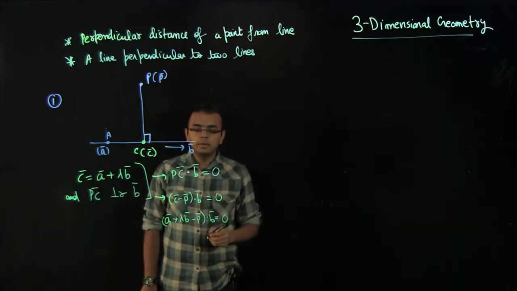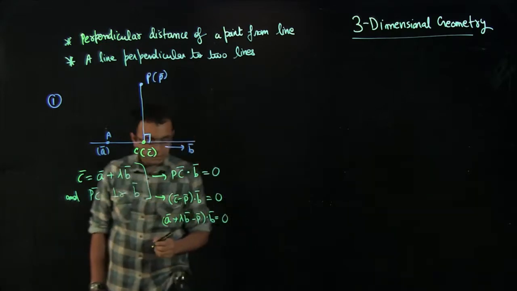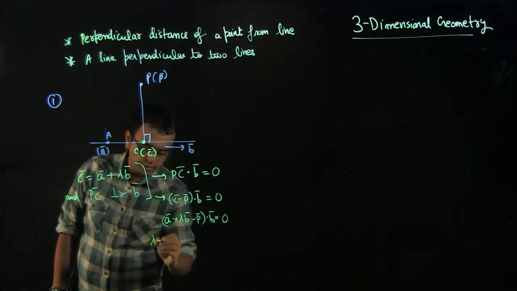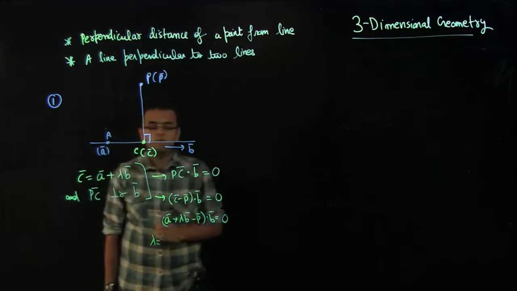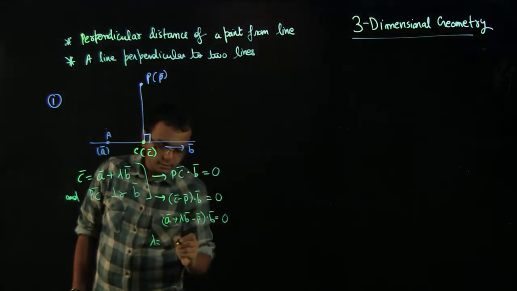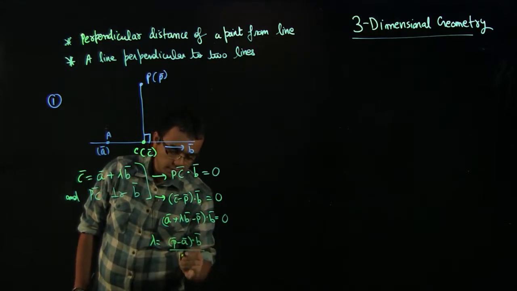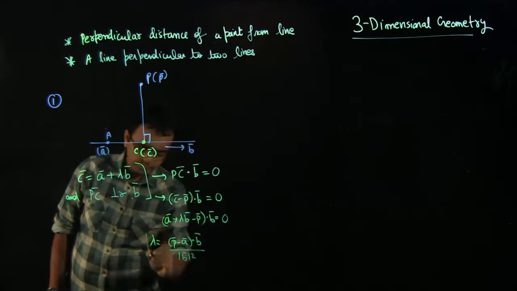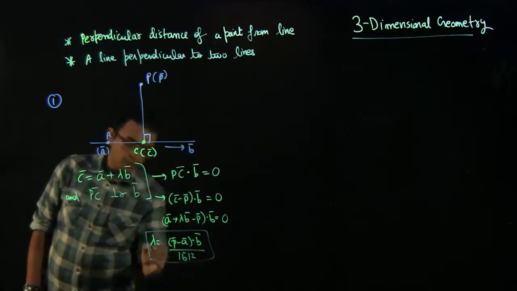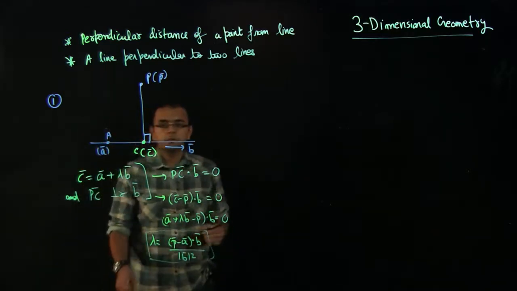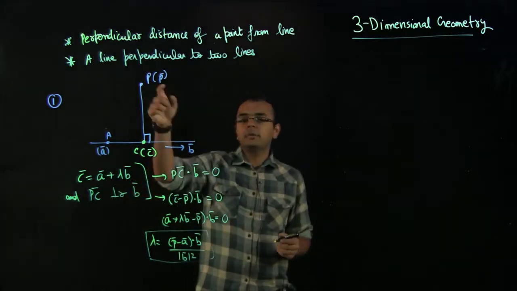So if you were to find the value of lambda here, you get lambda as P minus A dotted with B divided by mod B square. Now you have the value of lambda, so you can calculate the point and then you can calculate the distance.